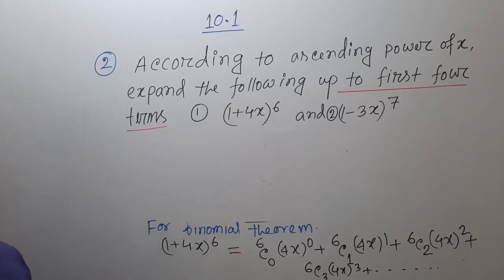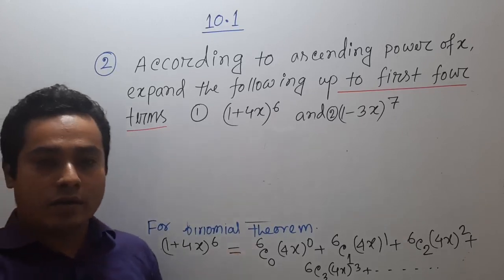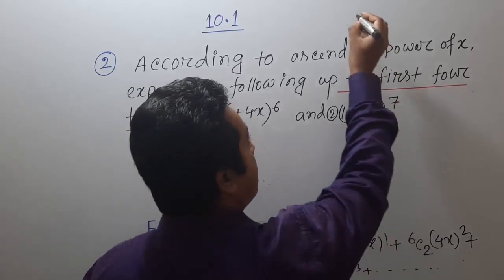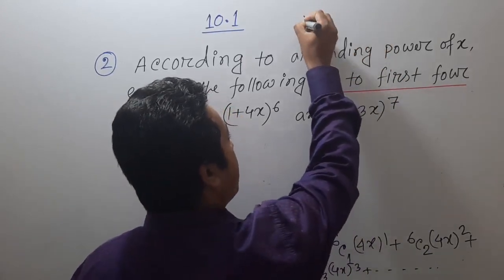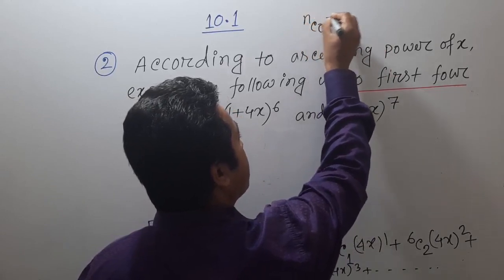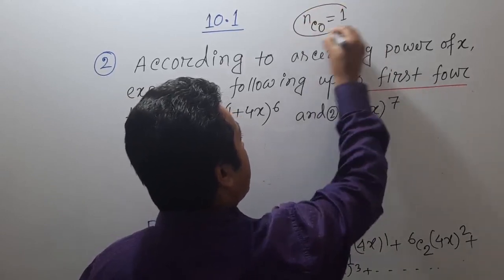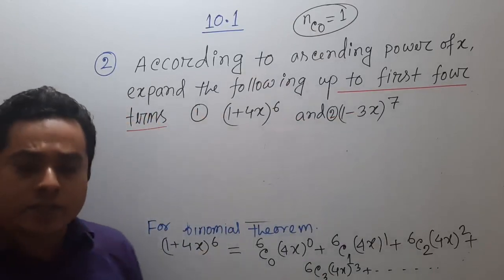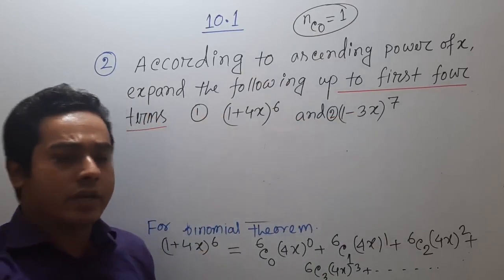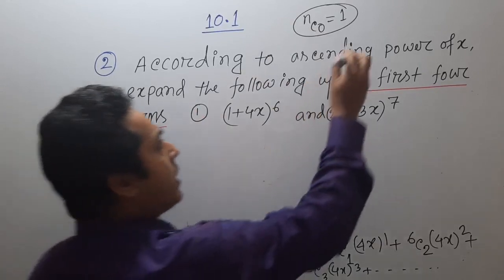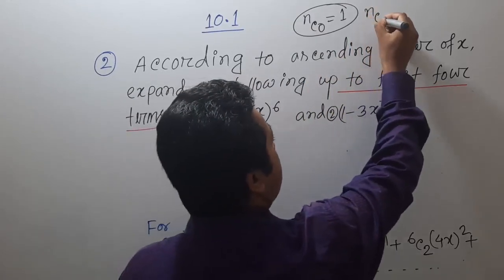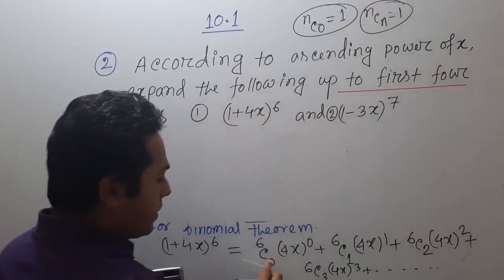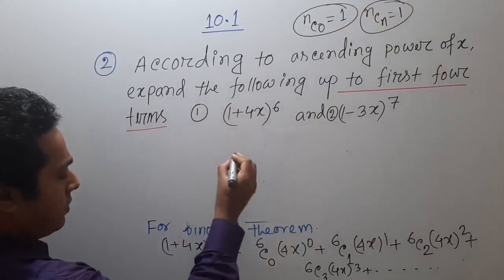6C0 is always 1, because nC0 is always 1. You have to remember nC0 is always 1. It may be 5C0, 6C0, 7C0, 8C0, and also nCn is 1. So 6C0 will be 1.